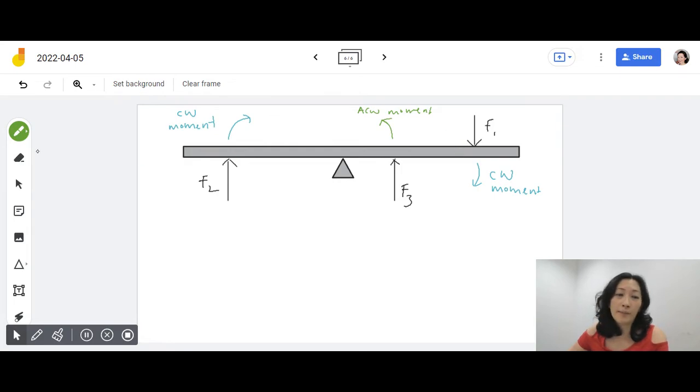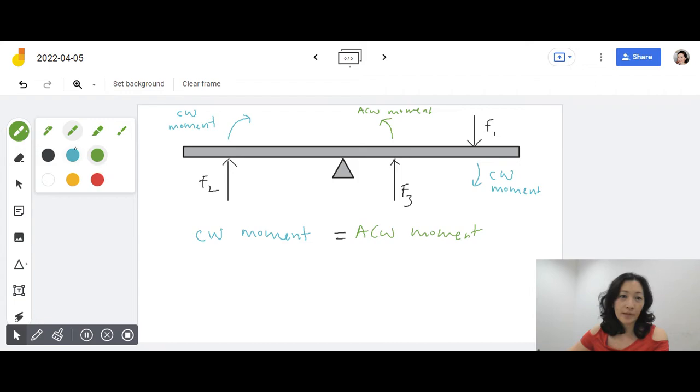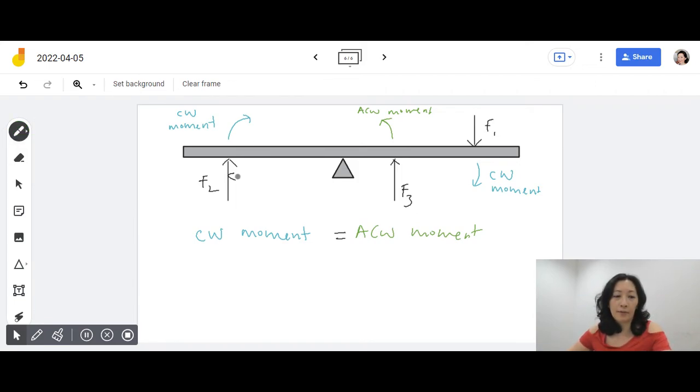So if it's balanced, that means you can say that, because it's stationary, the clockwise moment will be equal to the anti-clockwise moment. Now this time, there are two clockwise moments, so you need to add them both together. Let's say this is F2 and D2, measured from the pivot, then F3, D3, and then F1, D1.